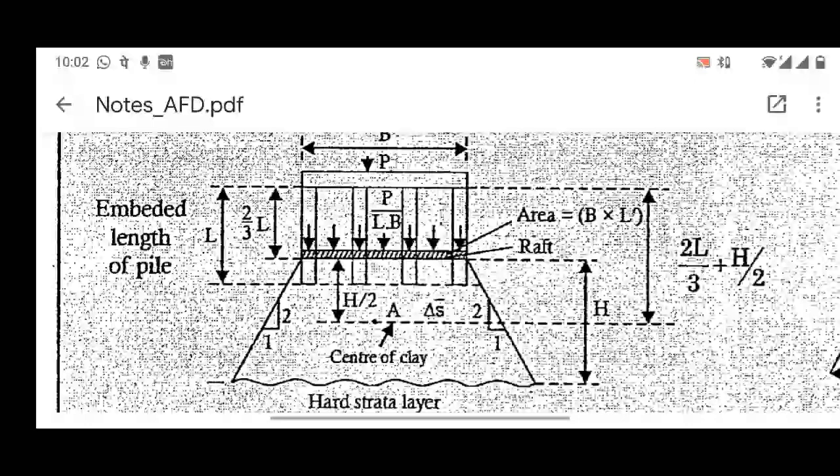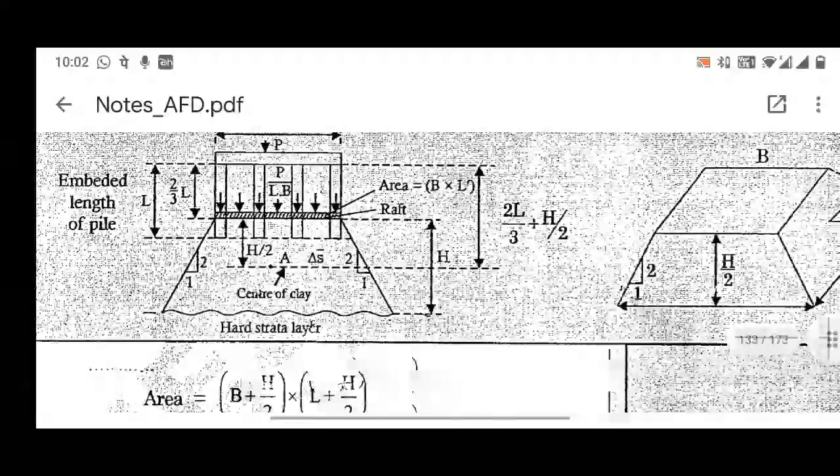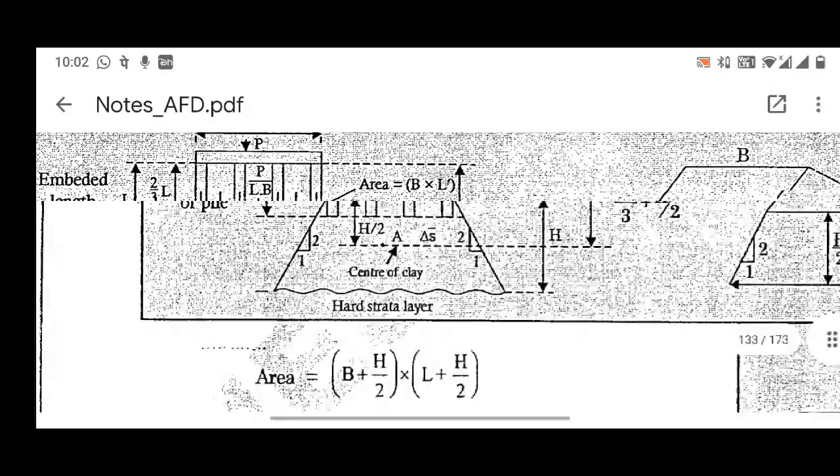So H by 4 here and H by 4 here, so it will be H by 2. Overall width of this base will be B plus H by 2. Similarly we have the similar arrangement in the other direction, that is the y direction, if we are considering this as the x direction. So (B plus H by 2) into (L plus H by 2).